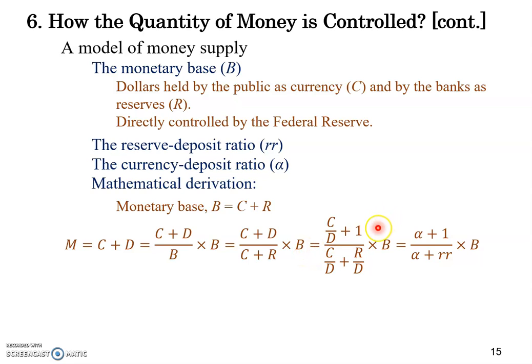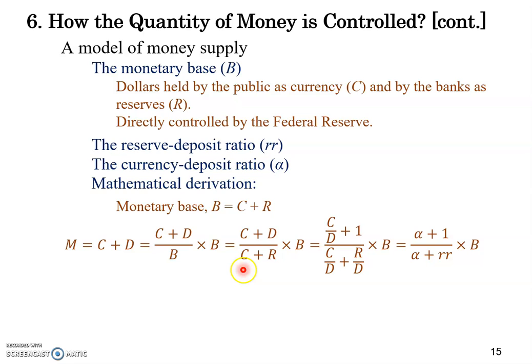Now the second math trick is we divide both numerator and denominator by deposit. The first term in the numerator is C over D. The second is D over D, so it's just the number 1.